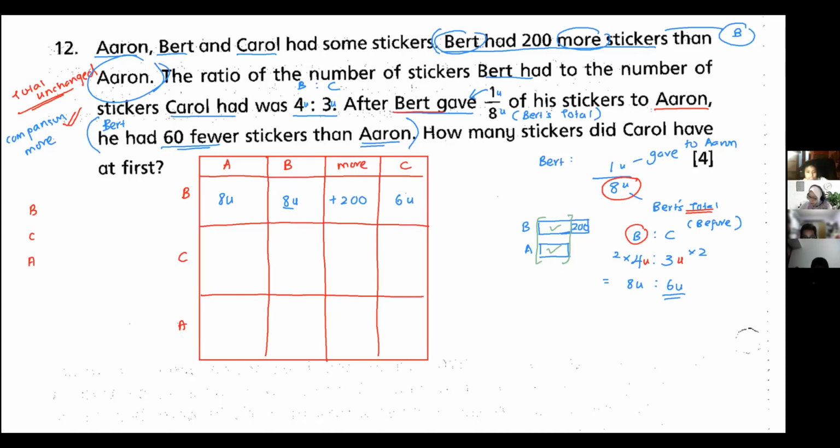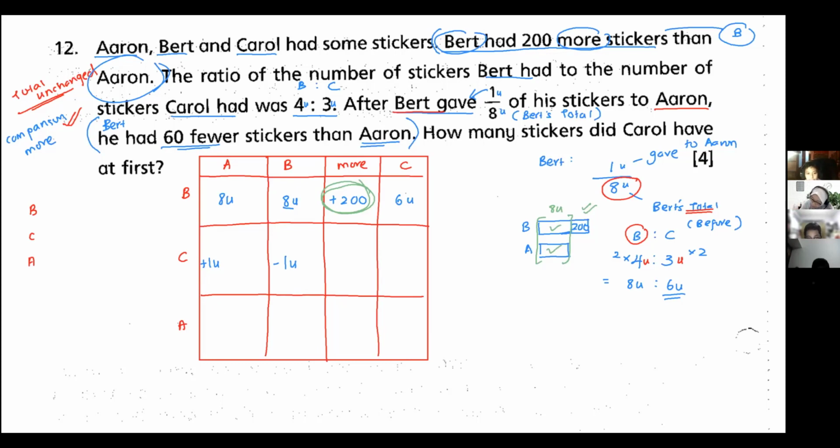So what happened here? Bert gives Aaron 1 unit: minus 1 unit for Bert, plus 1 unit for Aaron. Not enough, huh? You need to find out how many of the more was given to Aaron. Because Bert has not only 8 units, but Bert also has 200. So I want to find out that part.